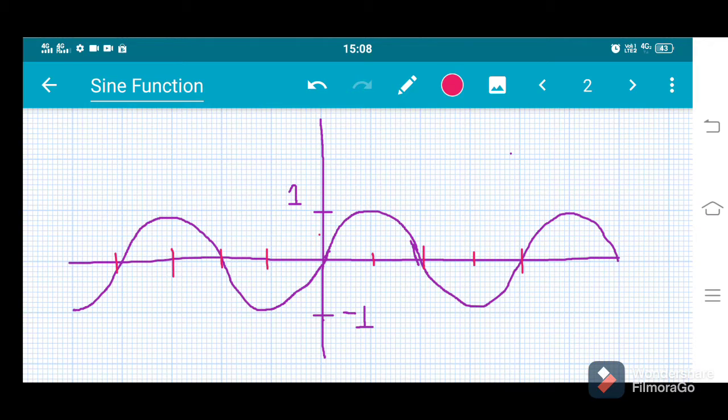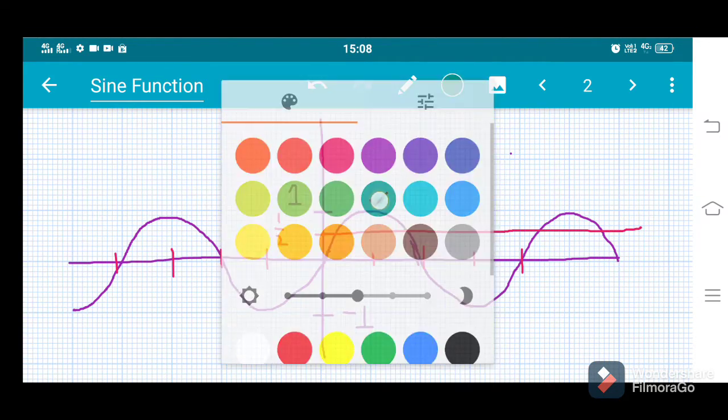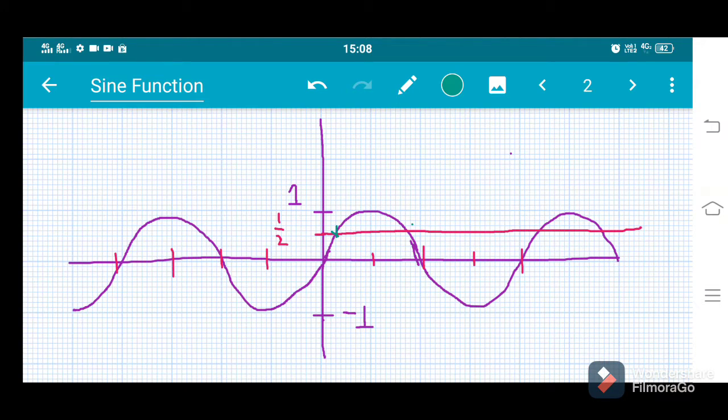Why? Suppose this is your half. If you draw a straight line, you can see at these points it cuts the curve, at x equal to this one, this one, this one, and infinitely many such points. At all these points the value of sine x is equal to half.